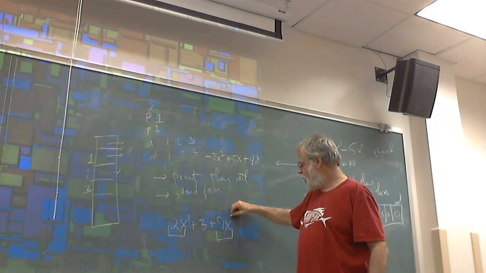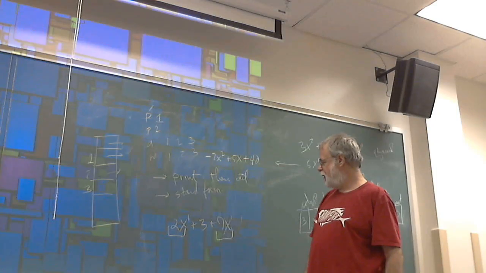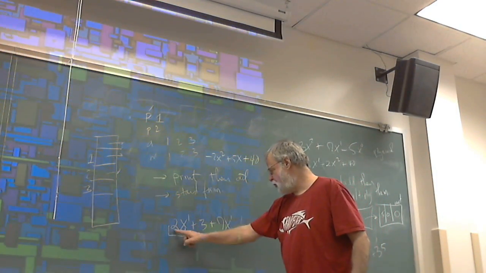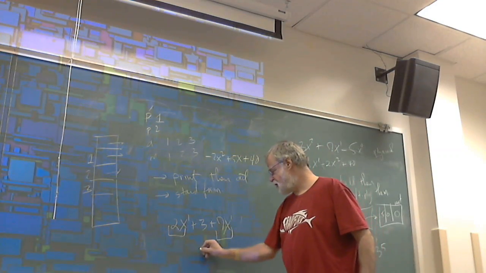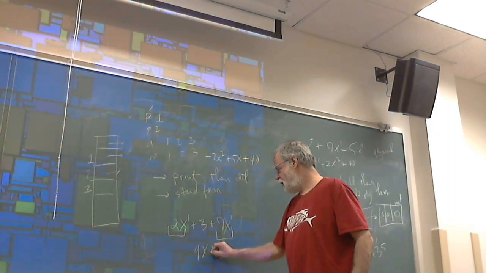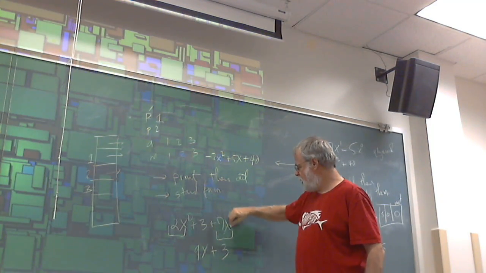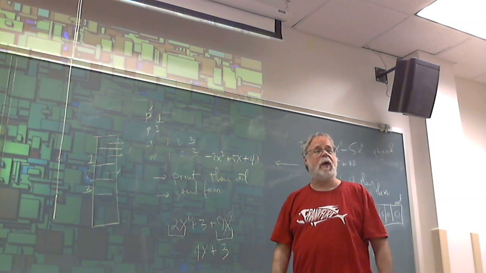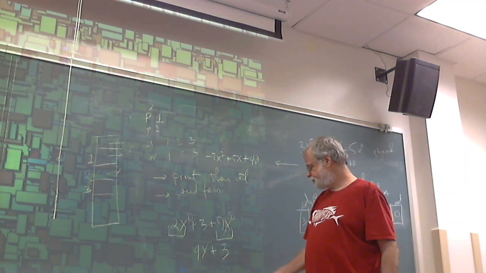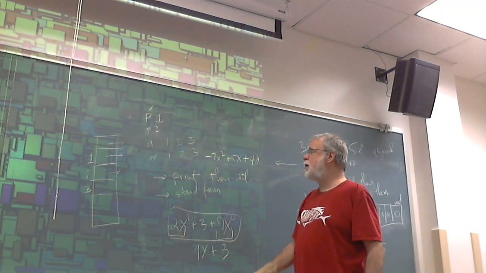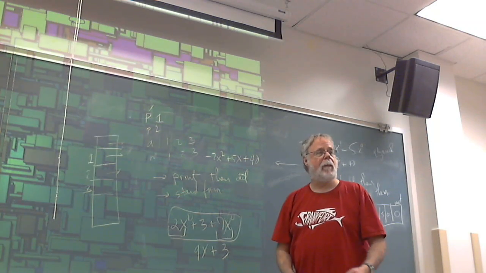They're both x to the first, so we ought to combine those and get 2x and 7x. That's 9x plus 3. How do I know they're like terms? Because the exponents match.